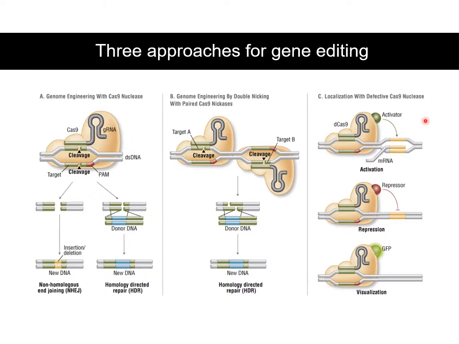So what happens here is there's an activator actually fused to Cas9, so we get enhanced expression of our target DNA. Another possibility is to modify Cas9 so it's fused to a repressor, and we literally repress expression of our DNA or our gene of interest. And then finally, we could even fuse GFP, which is a fluorescent protein, to the Cas9, and this could help us with the visualization of what's going on at this particular gene location.